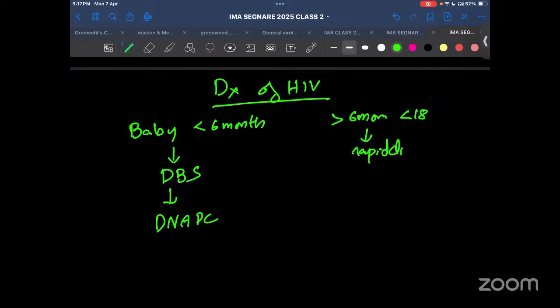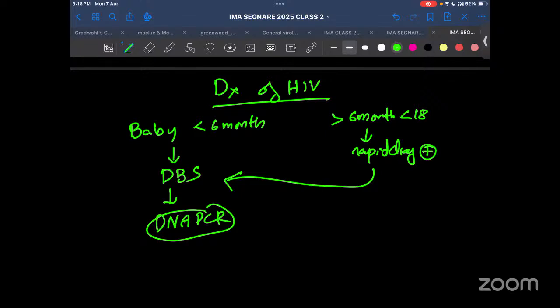But if the test becomes positive, then we have to do dried blood spot and confirm with the DNA PCR. Now for adults who are more than 18-month-old, so we call it as adult, we can do NACO strategy according to NACO guidelines. Okay, NACO strategy.